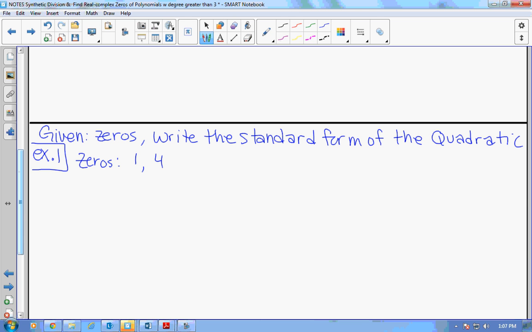Okay, so let's write our function. If we're going up the ladder, we're down here, we know the zeros, we have to go to the factors, then we get the standard form. So if we have the zeros, what would the factors be?